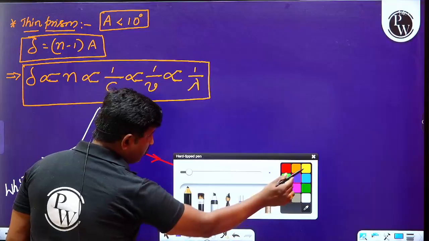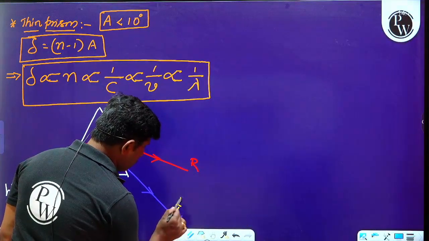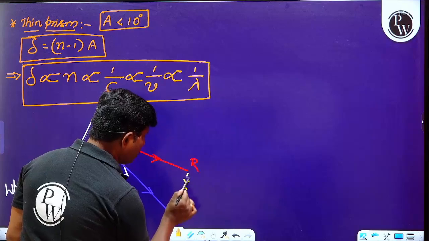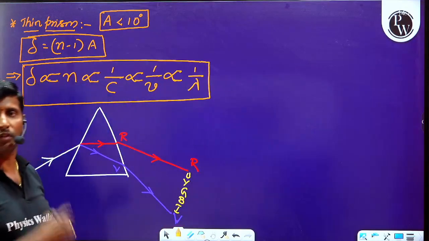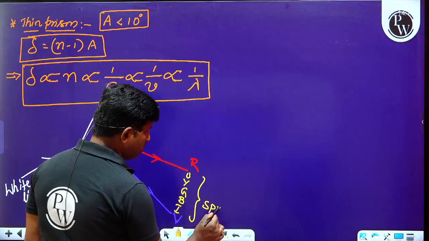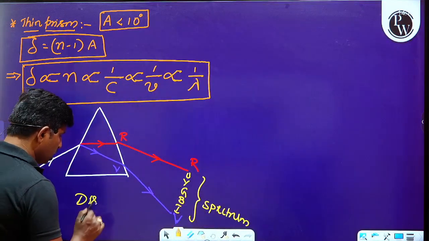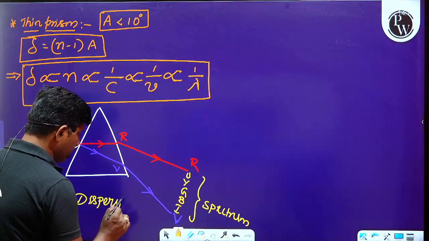In between violet and red, we can observe the different colors, we can call it VIBGYOR, and this is called a spectrum. This phenomenon is called dispersion of light.